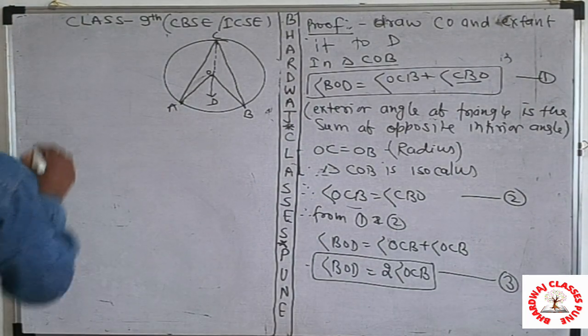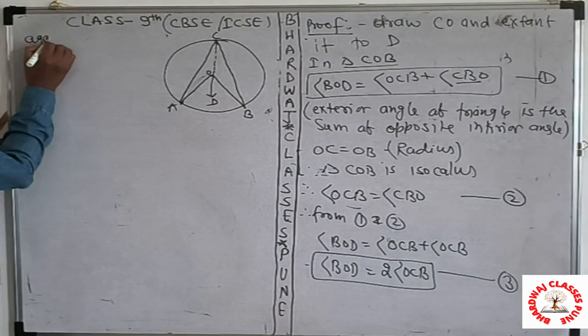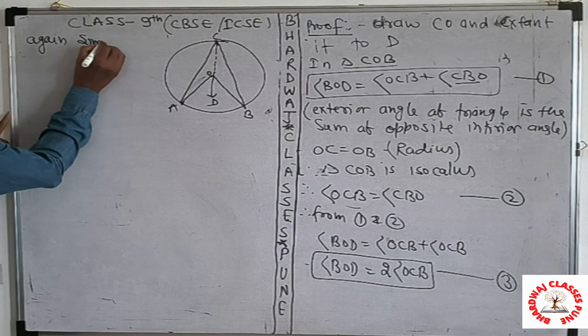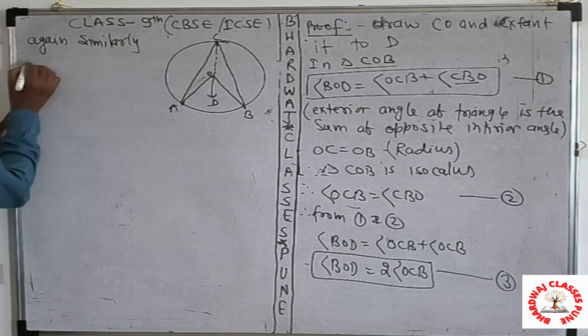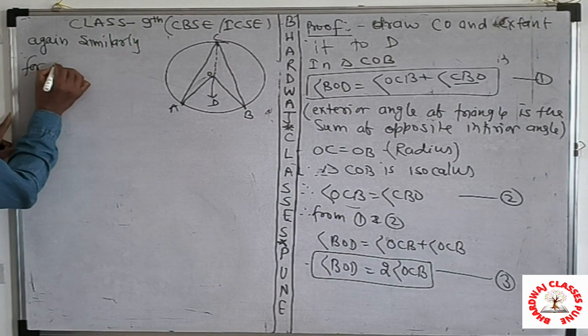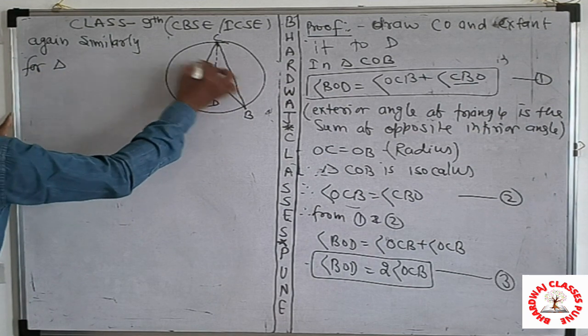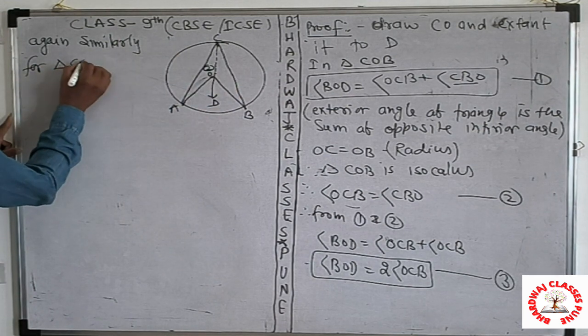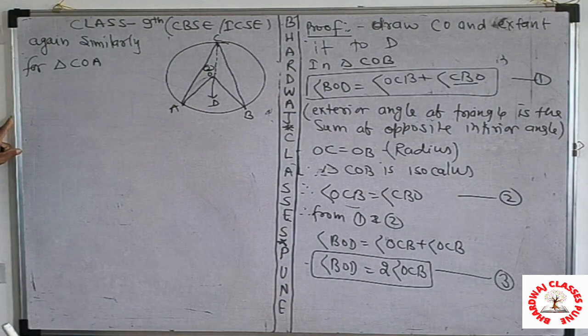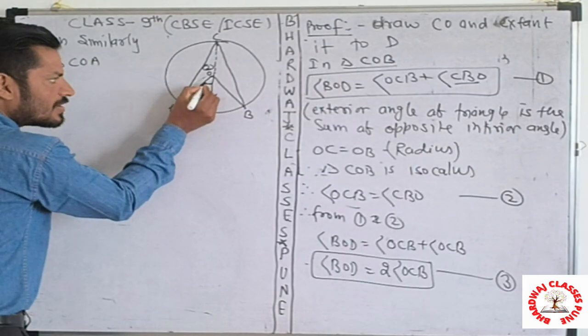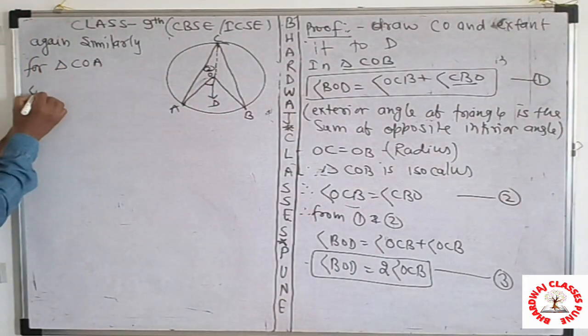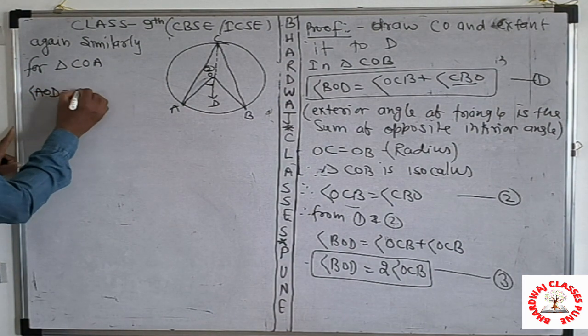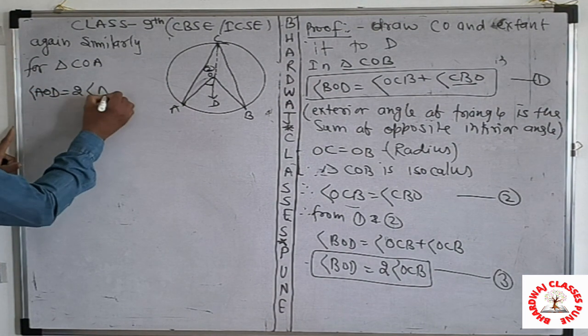Now similarly for the second triangle, triangle COA, this is again the exterior angle of this triangle, so you can write angle AOD is equal to twice angle ACO.